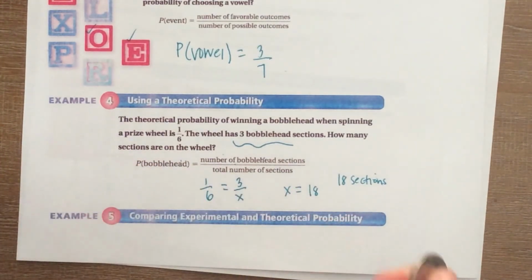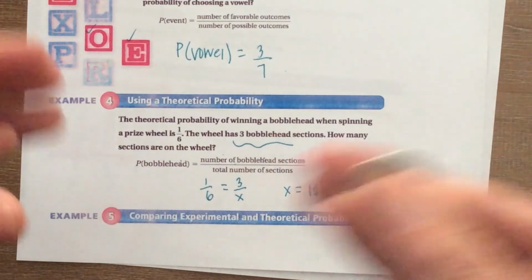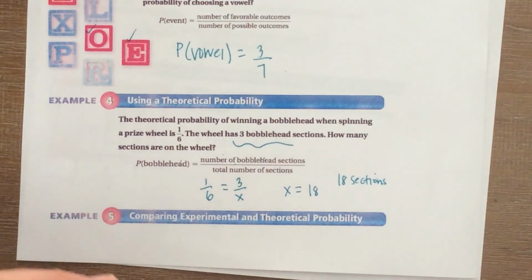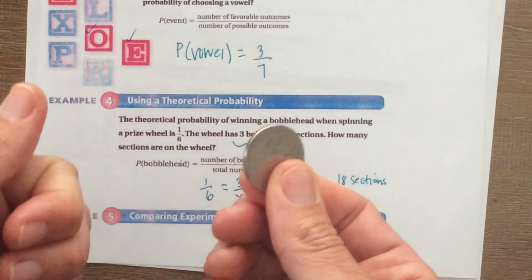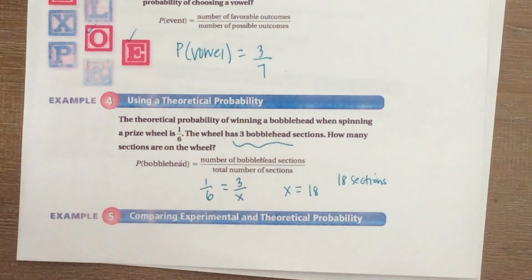But if I flip this coin 100 times, there's no guarantee that I'm going to land on heads 50 times and tails 50 times. Now, your experimental probability should be similar to the theoretical probability because it's a fair and equal trial. So, give it a try, play with some of the links that I provide for you, and that's that.